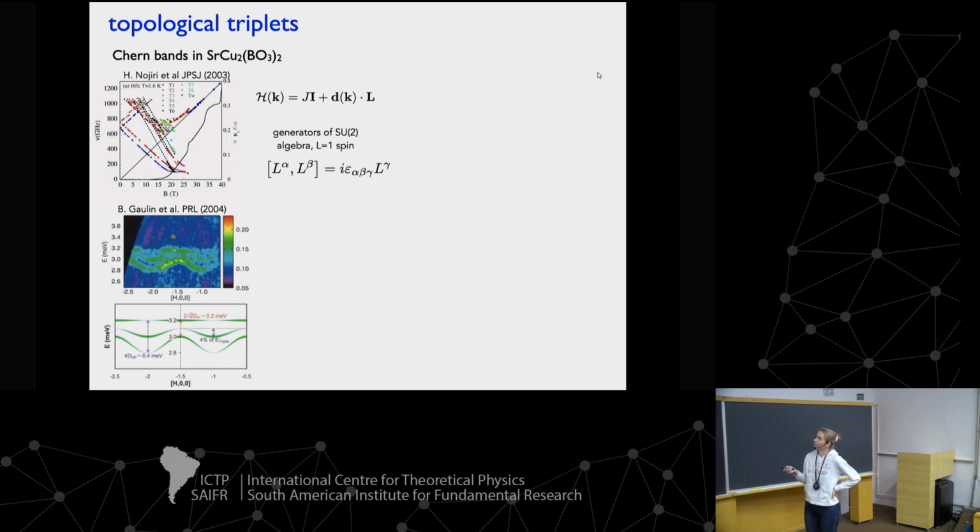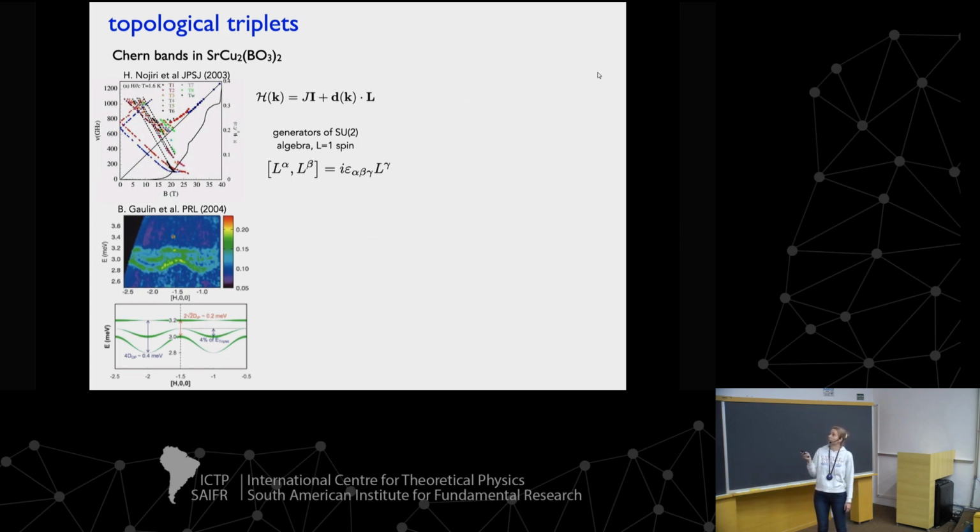If we take those into account, and after some math, one can write a Dirac-like Hamiltonian for the hopping of these triplet excitations. It consists of a constant term and a D vector that is like a pseudo-magnetic field in momentum space that Zeeman splits the spin-1 triplet.